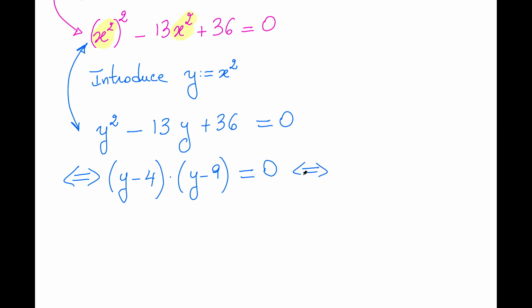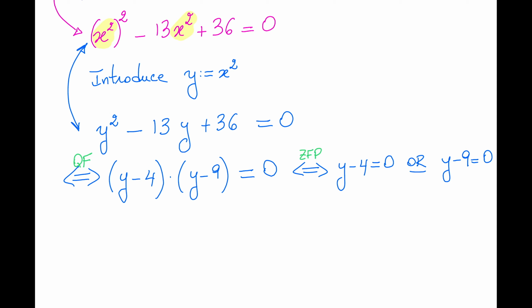This means that either y minus 4 is 0 or y minus 9 is 0, because of the zero factor property. Let me label these: QF, quadratic formula, and ZFP, zero factor property.